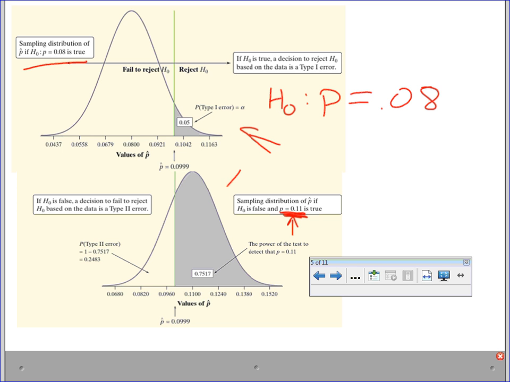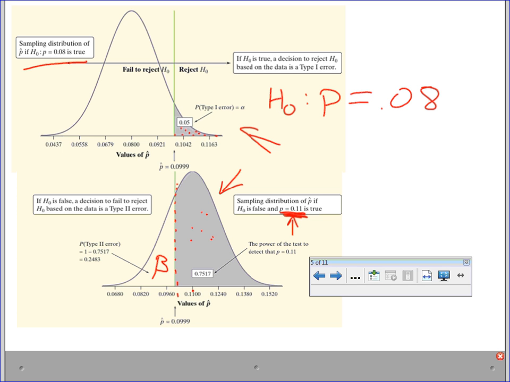This bottom one is the true sampling distribution, which we would really never know, but it's going to be centered on 0.177. So the same line where our alpha was would be where anything above this we're going to reject the null hypothesis. So anything over here is stuff that we would reject the null hypothesis.